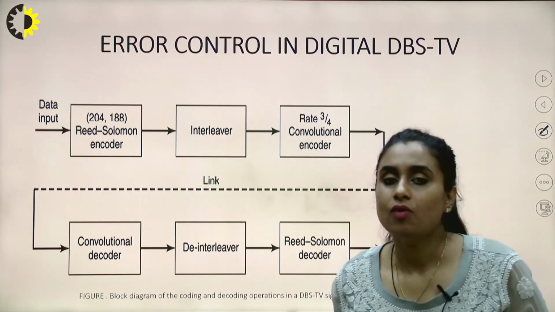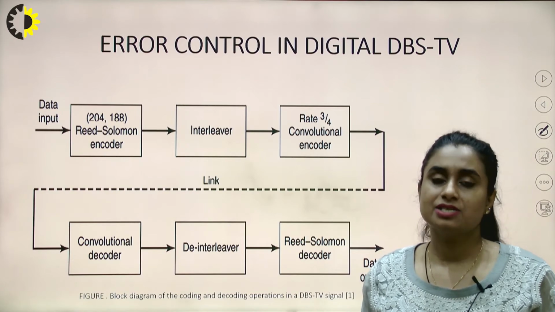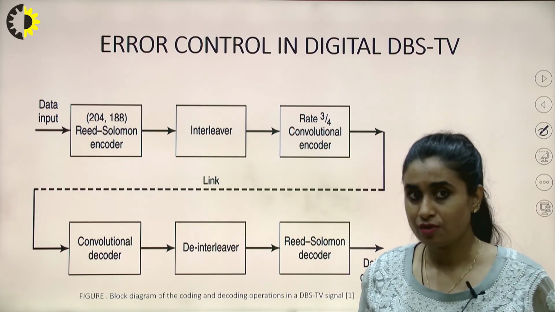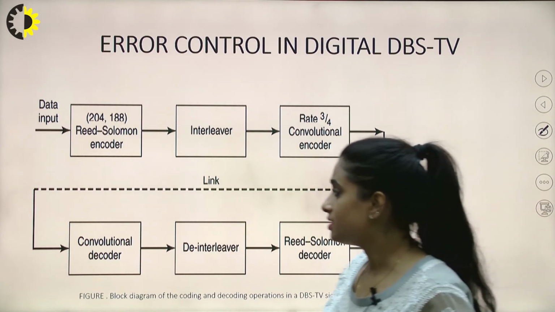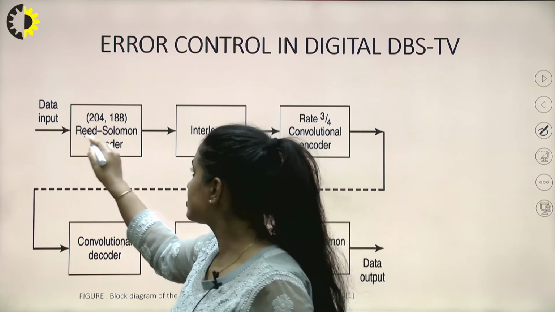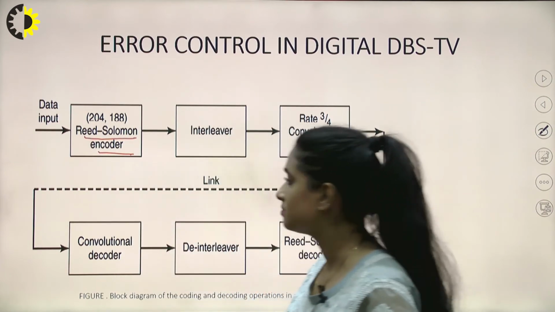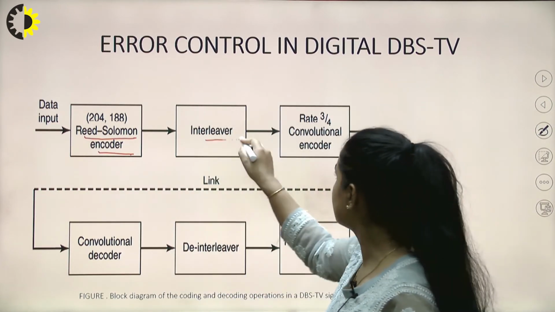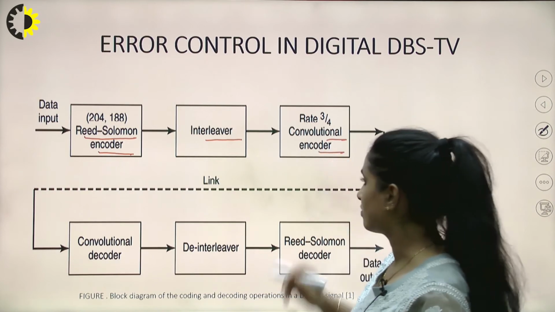Next thing is how error control takes place in my digital DBS-TV. For error control, it uses a Reed-Solomon encoder and interleaver, and a convolution encoder.